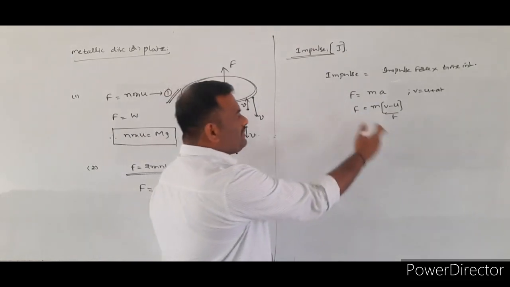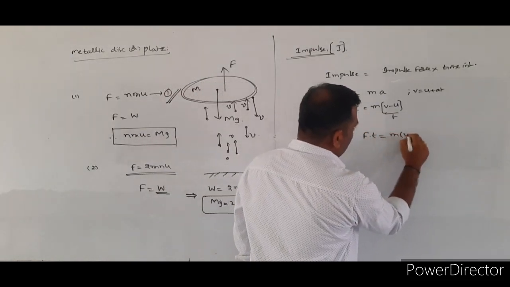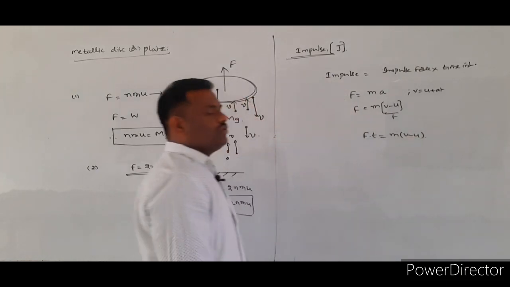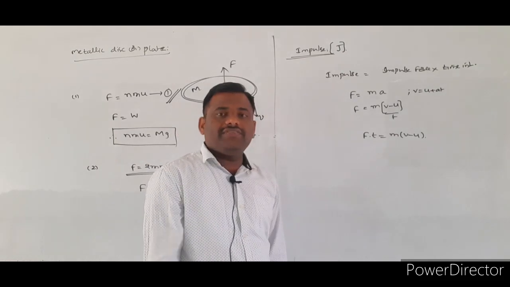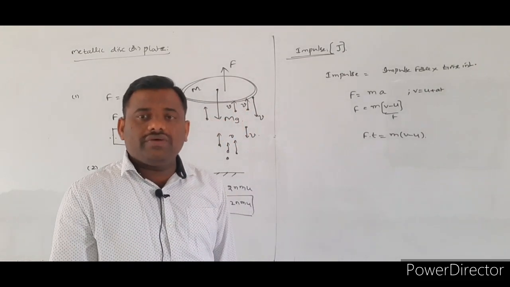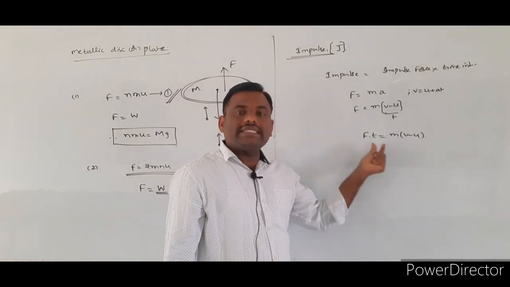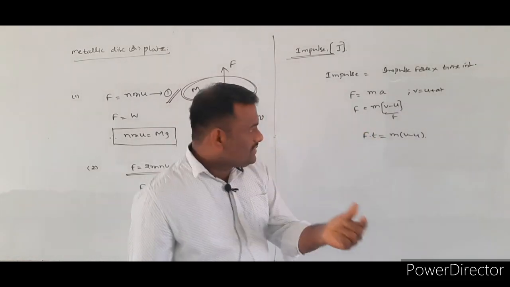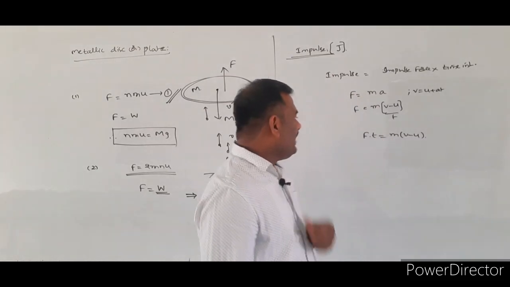So from this equation, F into t is equal to m into (v minus u). In the definition of impulse we said that whenever a large force acts over a body for a short time interval, it produces a change in momentum.